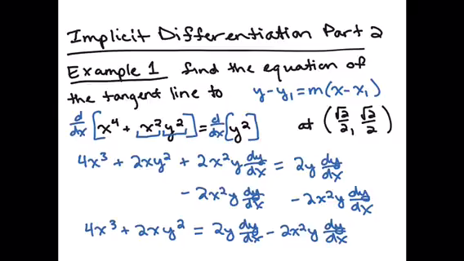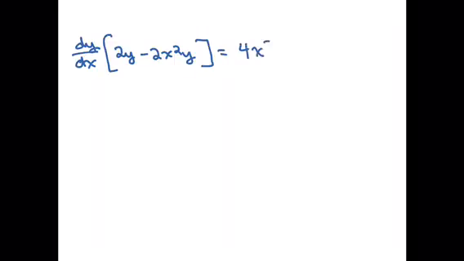And I'm going to swap the left-hand side and the right-hand side in order to get dy/dx on the left. And I'm going to factor out my dy/dx's. When I do that, I get dy/dx times 2y minus 2x squared y equals 4x cubed plus 2xy squared.